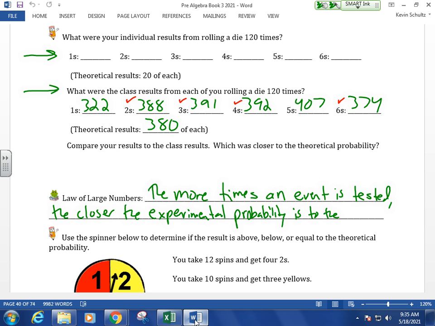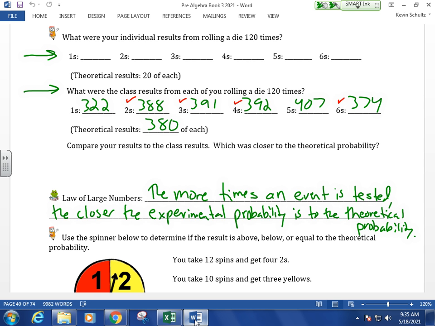So the more times you do something, the more times an event is tested, the more times we flip a coin, the more times we roll a die, the closer what actually happens gets to what should happen.